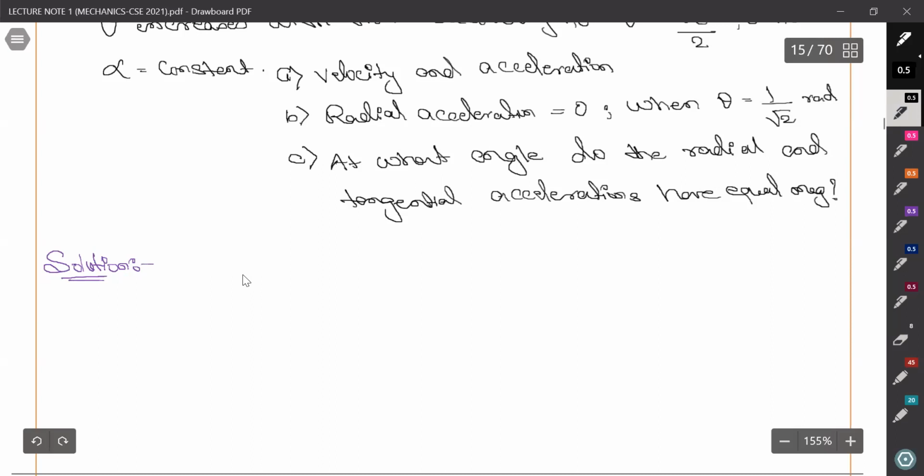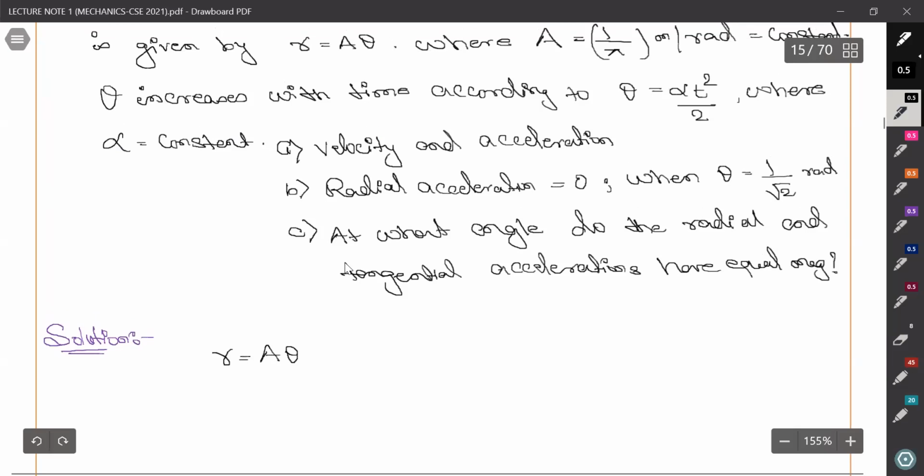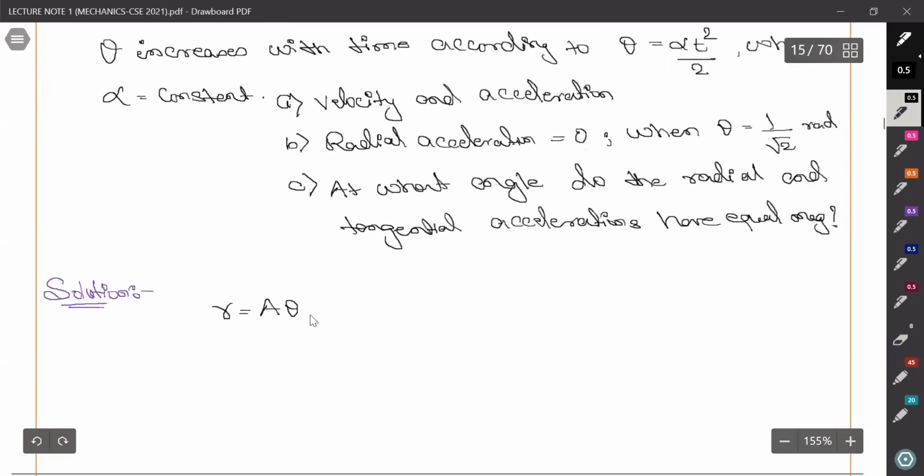So we know some of the things, that r is given as a theta, and a is 1 by pi. So we can write that r equals theta by pi. Also, we know that theta equals alpha t square by 2.